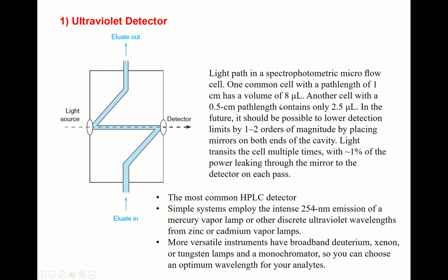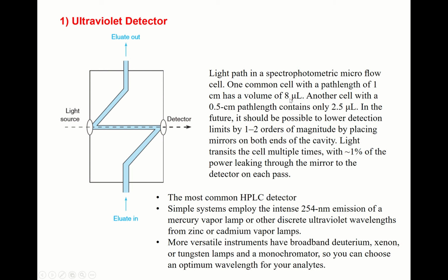Okay, let's read this part. This is the light path in a spectrophotometric microflow cell. This is a microflow cell. Why? Because you need only a microliter of your sample. One common cell with a path length of 1 centimeter has a volume of 8 microliters.